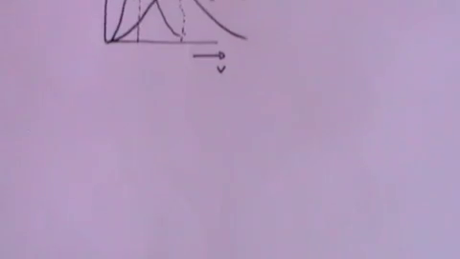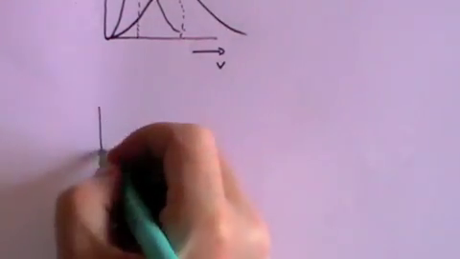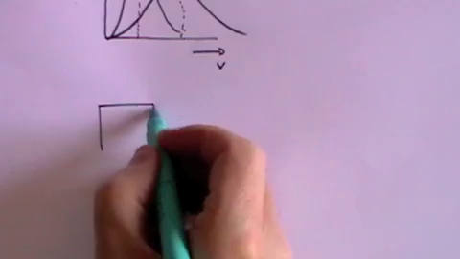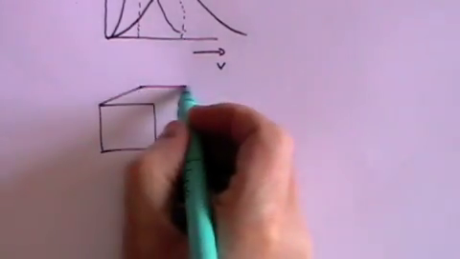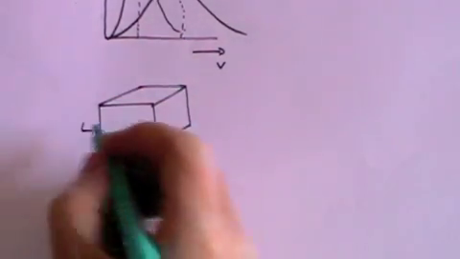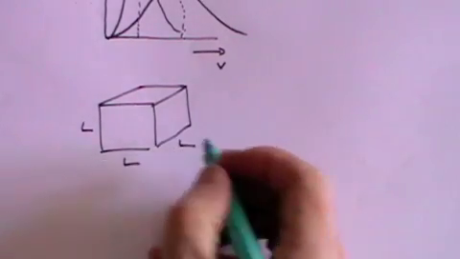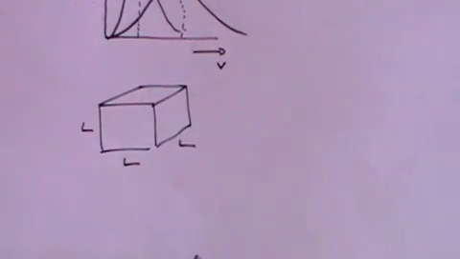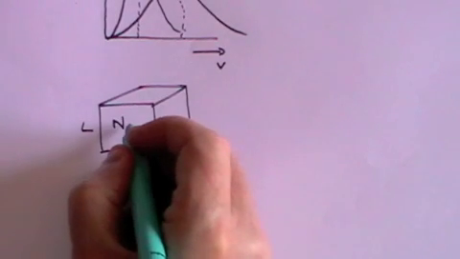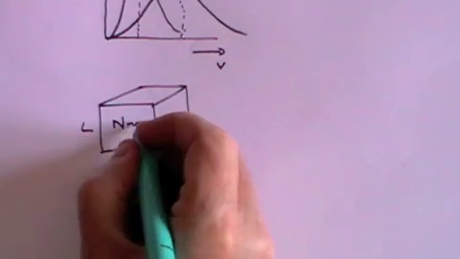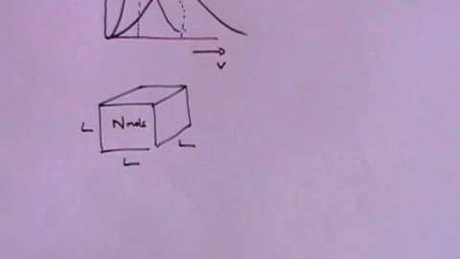Now let's consider a box, a cube of side L, and it has N, capital N, molecules, not moles, but molecules of a gas inside it.